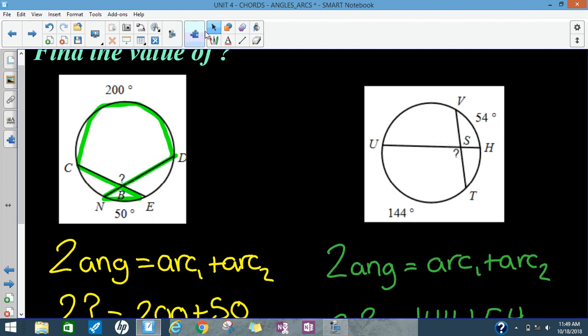So again, I just wanted to point out that this angle question mark that we found is 99 degrees, and that means that this angle over here, vertical to it, is also 99 degrees. And then that angle would be supplementary to one of those. So I mentioned before, we see vertical angles and linear pairs all the time, and they still exist in these pictures.